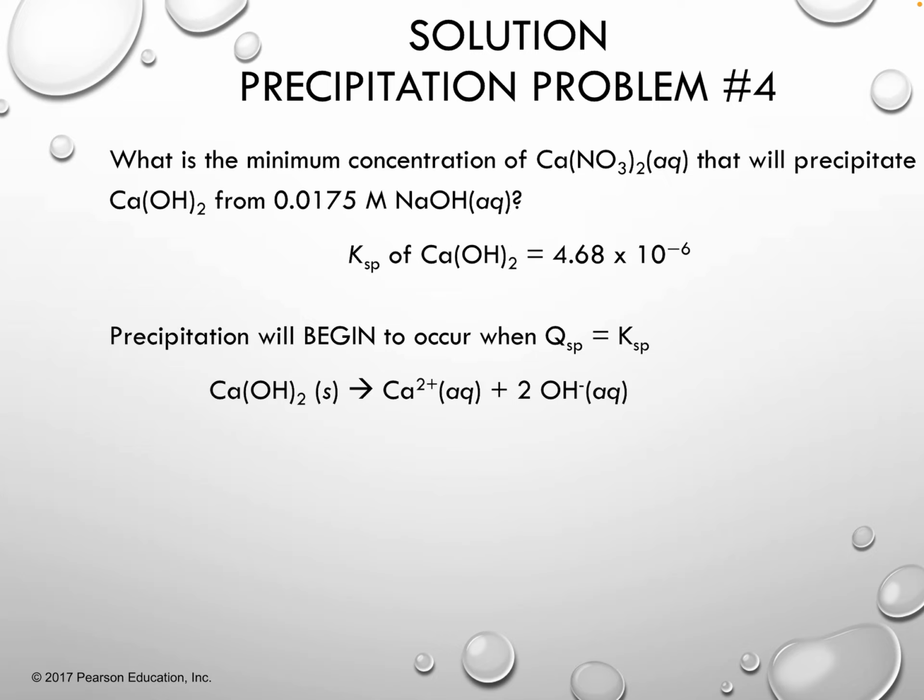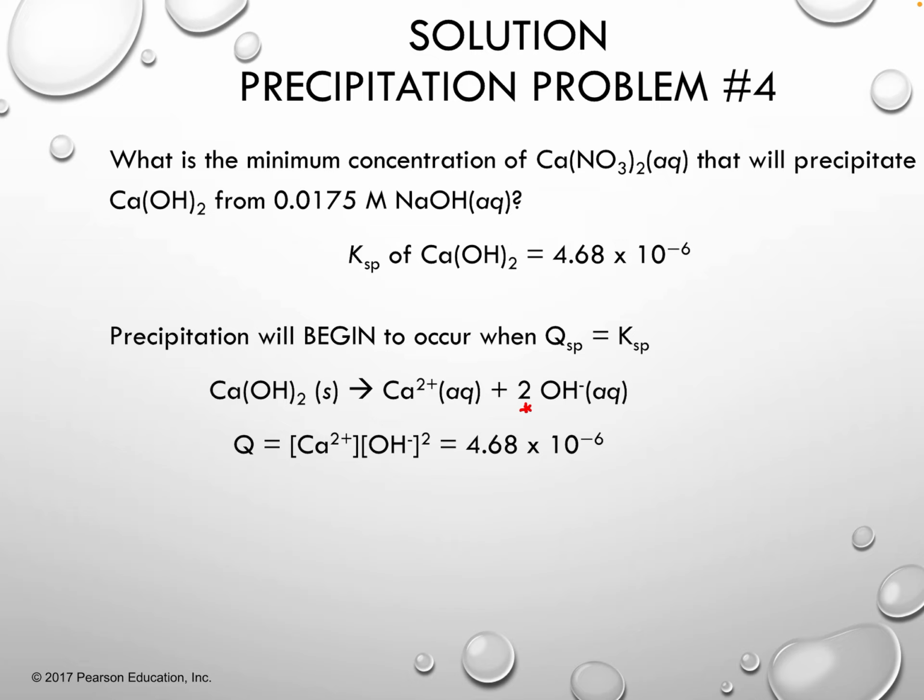We have our dissociation equation there. It dissociates into calcium and 2 hydroxides. So we can write a KSP expression, which is the same as our Q expression, or QSP. We have calcium times our hydroxide squared, because there's a 2 in front of hydroxide.